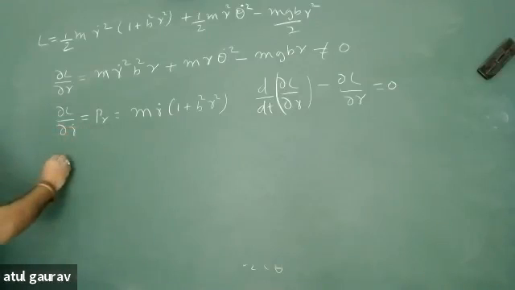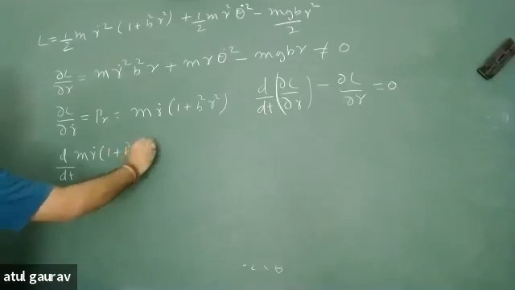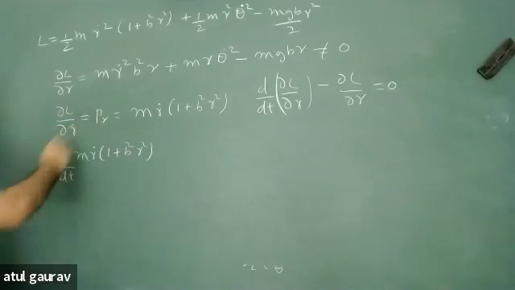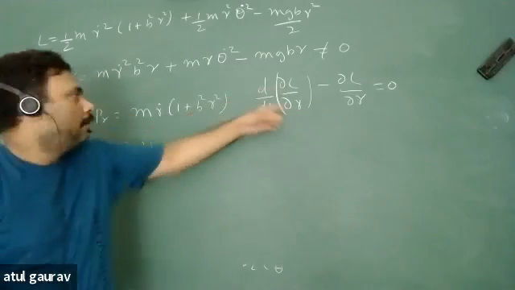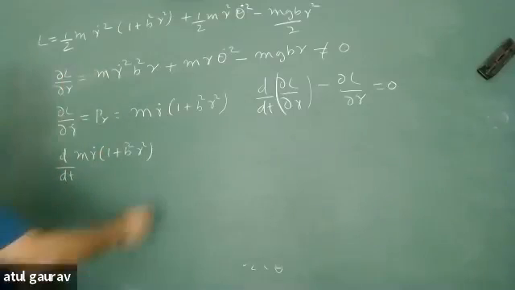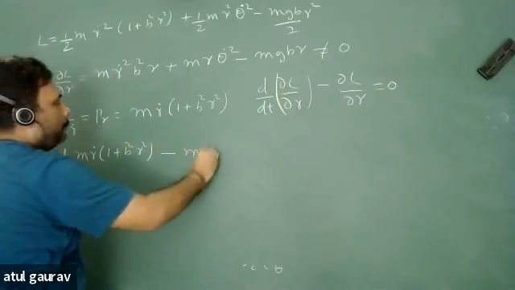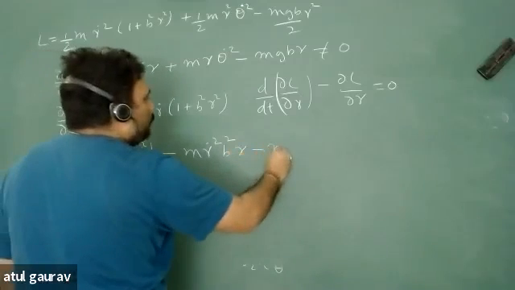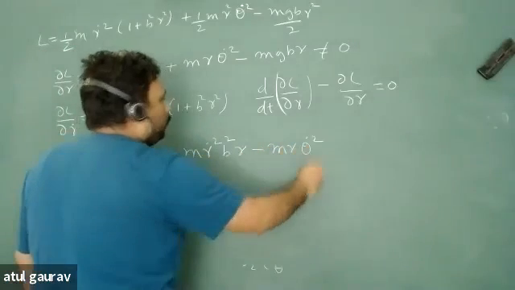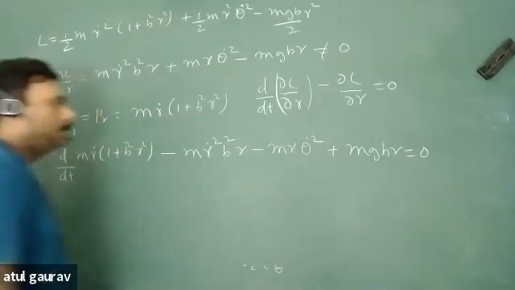You have to just go for d/dt of m ṙ (1 + b² r²), which is ∂L/∂ṙ, I have put it here, and minus all this term: minus m ṙ² b² r minus m r θ̇² plus m g b r must be equal to 0.